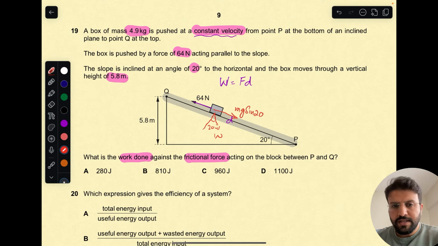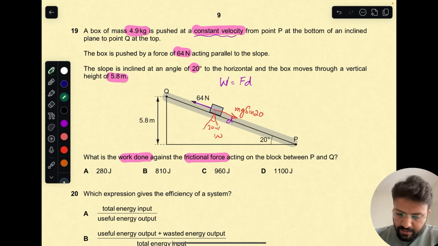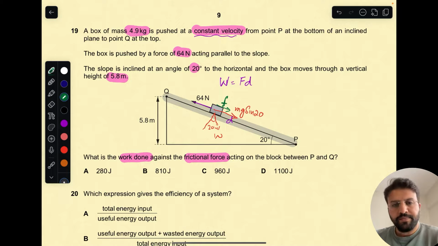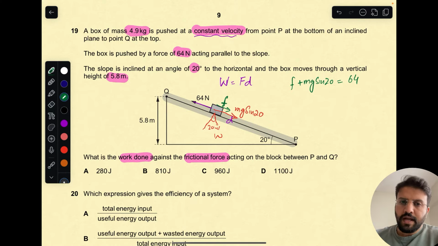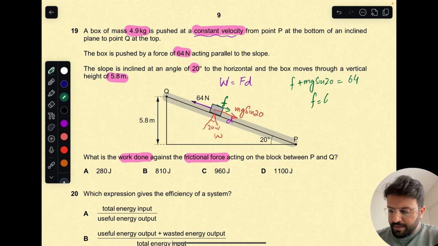That is one force that is acting down the plane, and there is another force that is the force of friction, let's call it small f. As the velocity is constant, it means the frictional force plus mg sine 20 should be equal to 64. Then it can move with constant velocity, right? So f will be equal to 64 minus mg sine of 20.